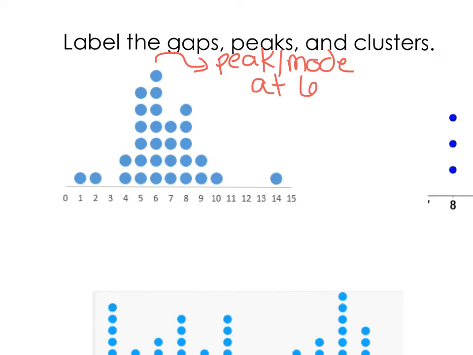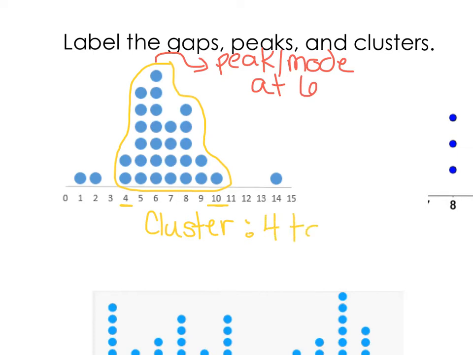Also now, we're going to look for the cluster. Remember, the cluster is like your group of friends in the hallway. And here, I can see that there's a cluster here. So here, I could say my cluster starts at 4 and goes to 10. So cluster, I'm going to put here 4 to 10. And I do have some gaps here as well.